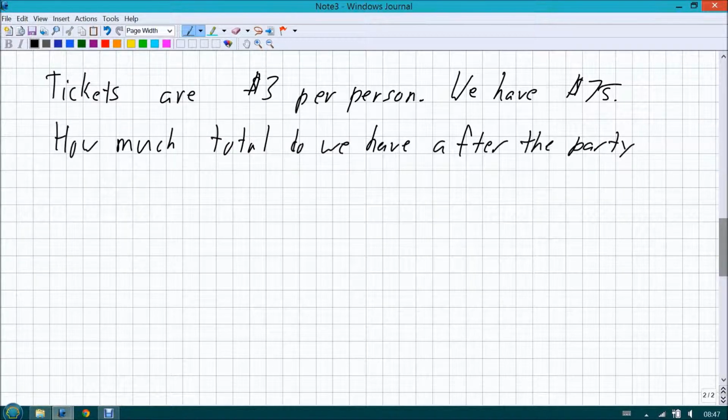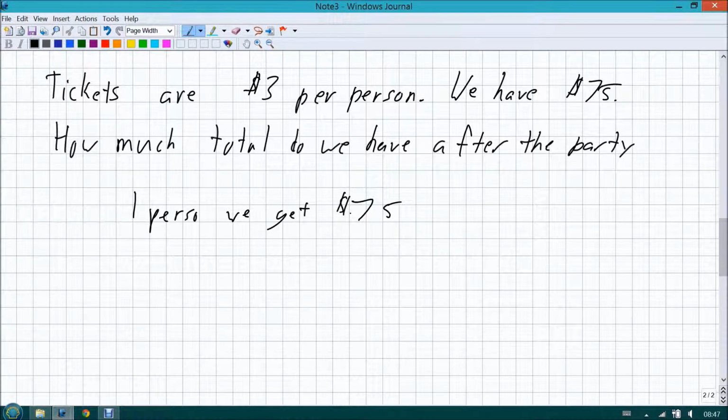So how much would we have if only one person went to the party? Well, if only one person goes to the party, we get $75, because that's how much we have in our account, plus 3, how much we get for one ticket, which gives us $78.